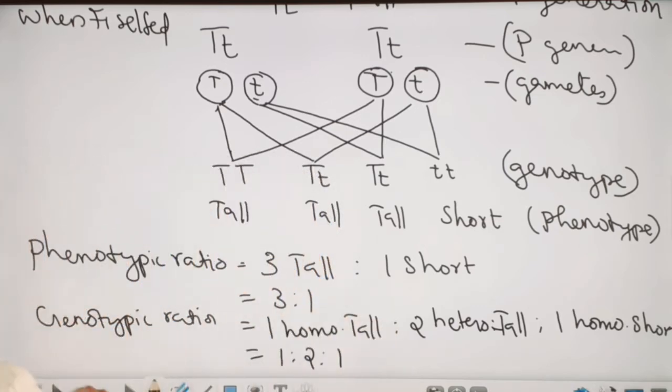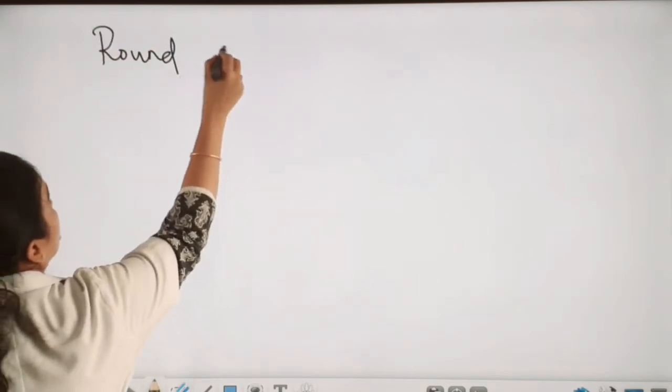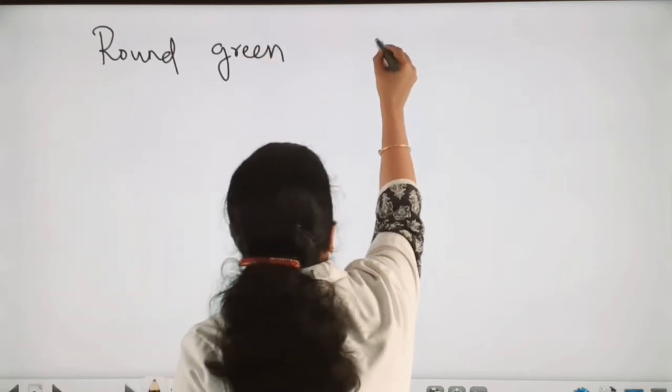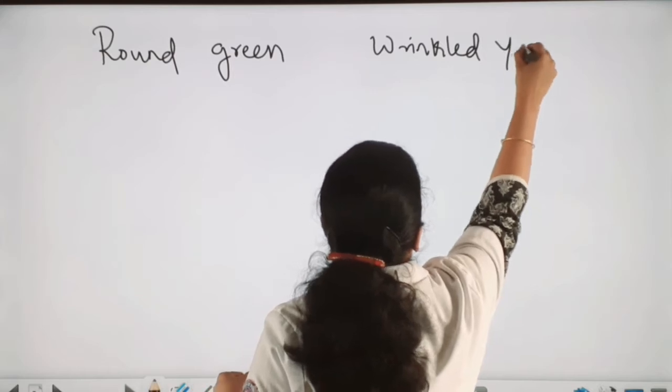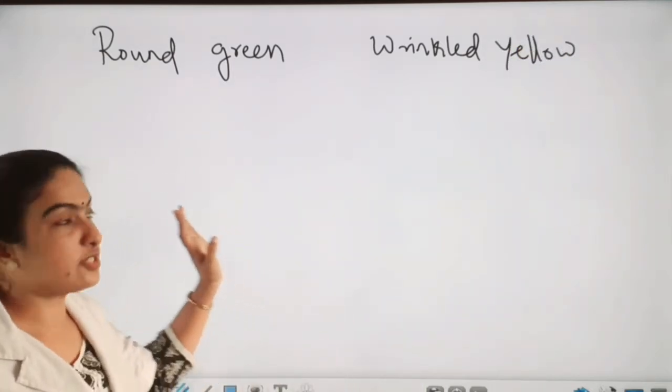You already learned round green and wrinkled yellow. So that we can see now. So he took round green and wrinkled yellow. You already learned in 10th standard. Anyway, some findings only I will discuss to you.